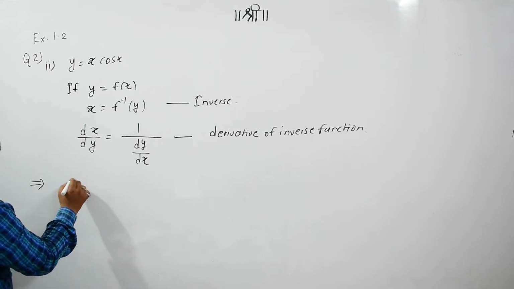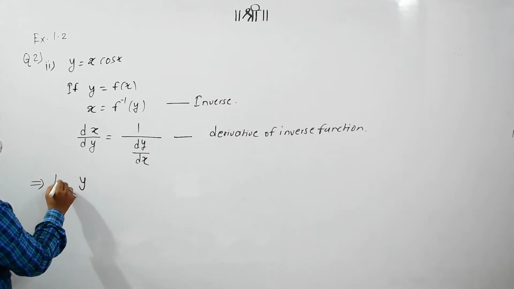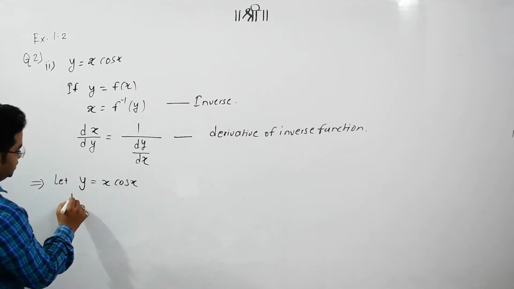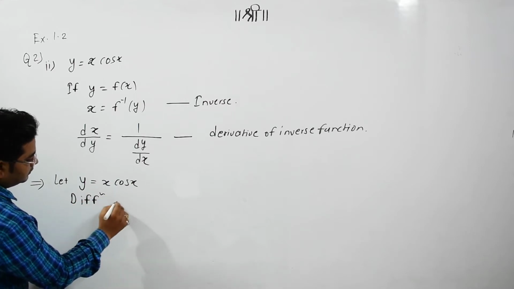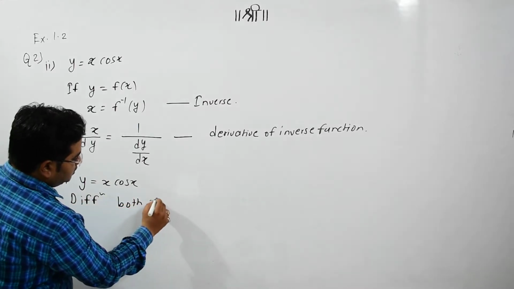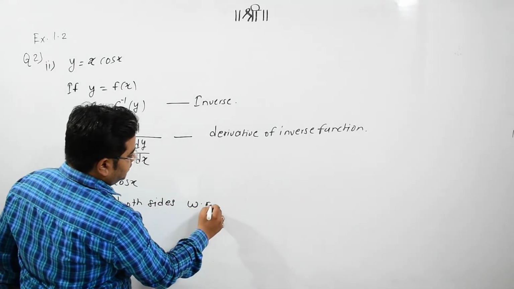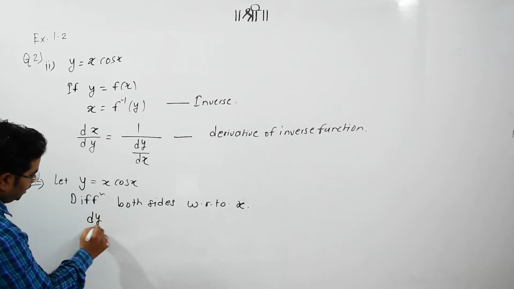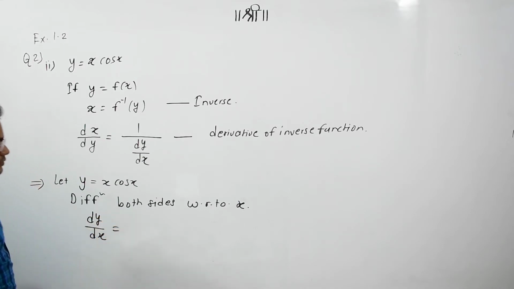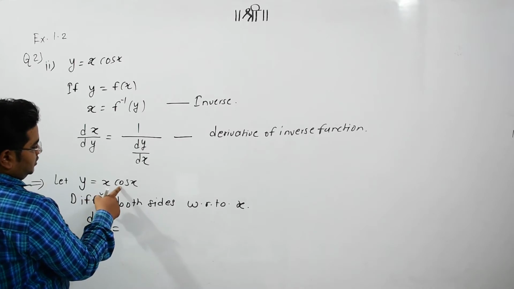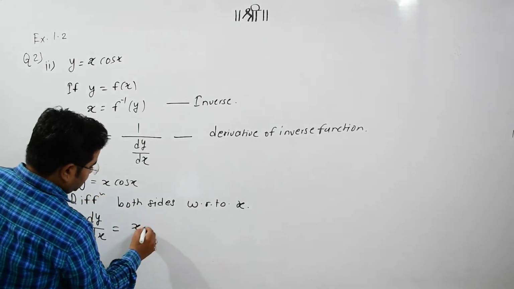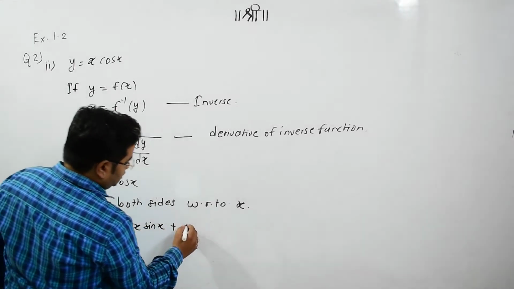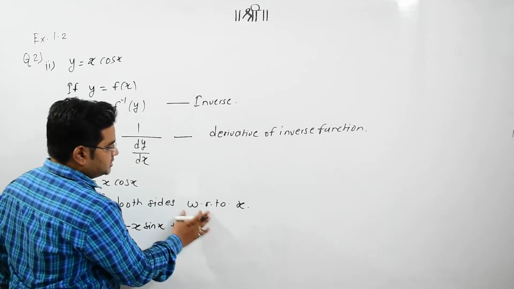So let y is equal to x cos of x, differentiating both sides with respect to x. What will you get? dy upon dx is equal to how much? x into cos of x: derivative of cos x is sin x, which contains a minus sign, so minus x sin of x, plus cos of x into the derivative of x, which is 1.